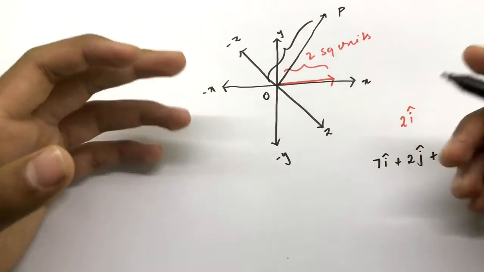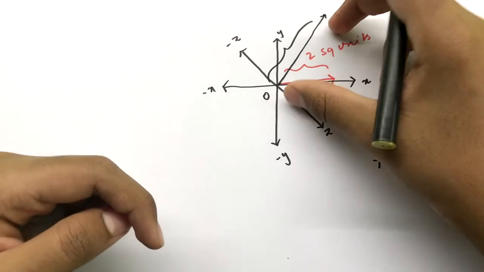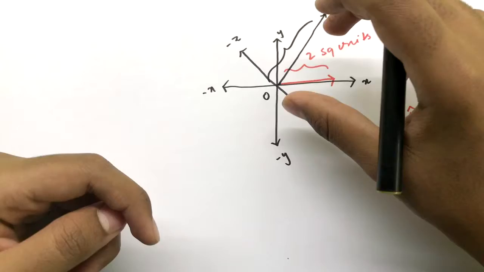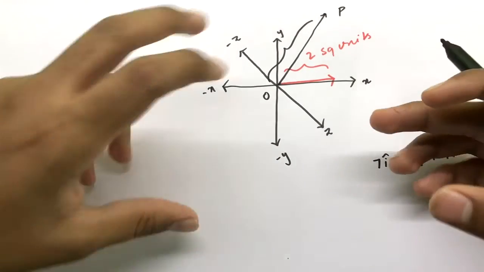Now you can't do the same thing that you did for this vector. You have to apply some new rule to find the magnitude of this vector. So we're going to focus on how to find the magnitude of any given complex vector such as this one.